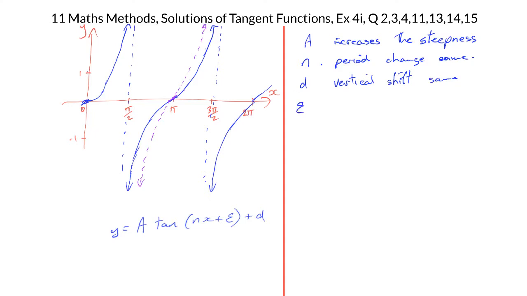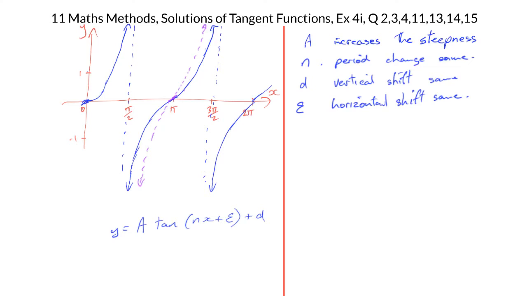And epsilon, the horizontal shift, also works the same as sine and cos. So when I'm saying works the same, I'm saying the same as what you've seen before. The techniques are very similar. The only one that really is a big change is the amplitude, and that changes the steepness of the line.